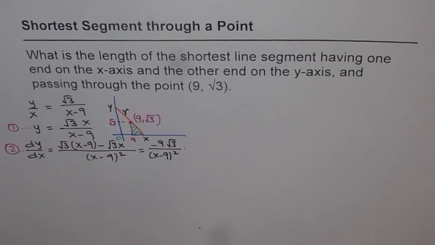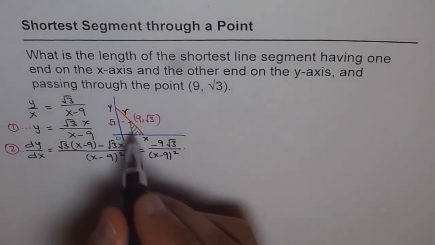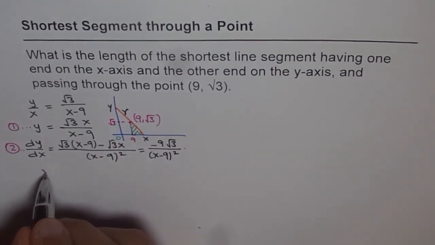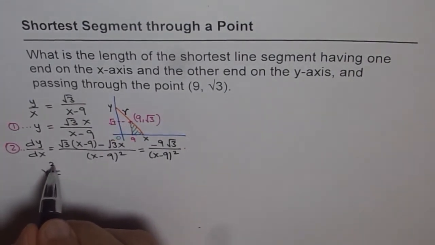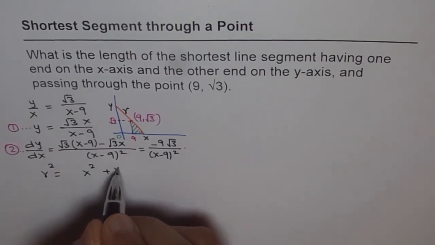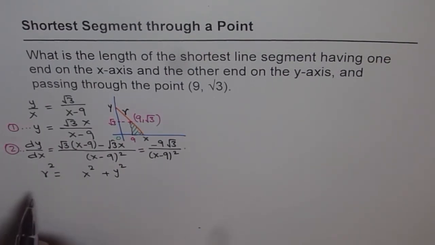So we now have the relation of y with x and dy/dx also. That's great. Now we'll relate r with x and y. The length which we want to minimize, r, satisfies r squared equals x squared plus y squared, right? We can differentiate with respect to x both sides.